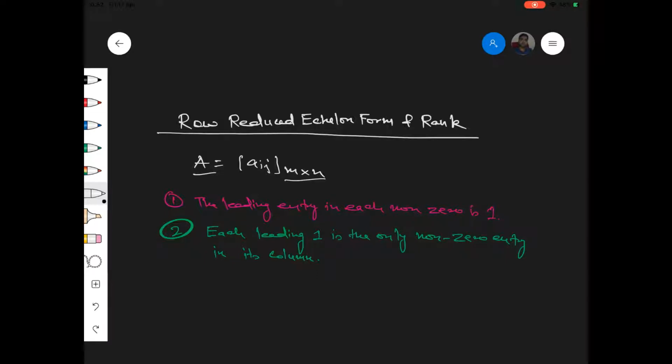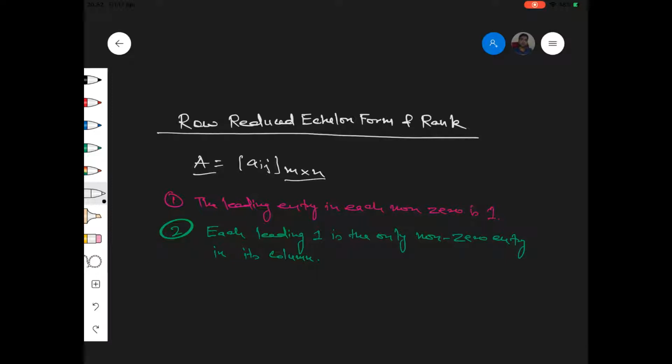Suppose we have a matrix A which has in general entries Aij, which has m rows and n columns. Then this matrix A can be converted into its echelon form by using the fundamental row operations. We'll talk about the fundamental row operations later.